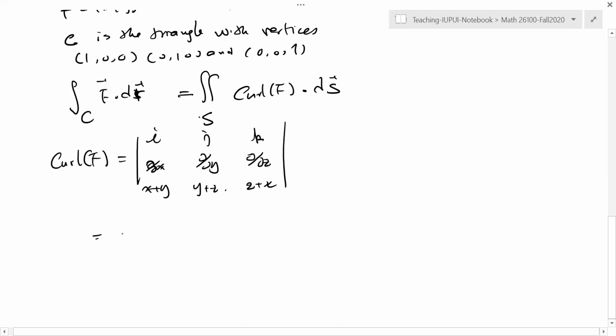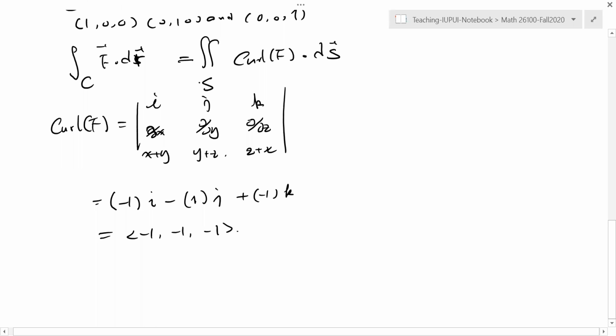The first term you get is negative i. The second term is negative j, and the third is negative 1 k. So it is going to be (-1, -1, -1). It's a constant. Great.